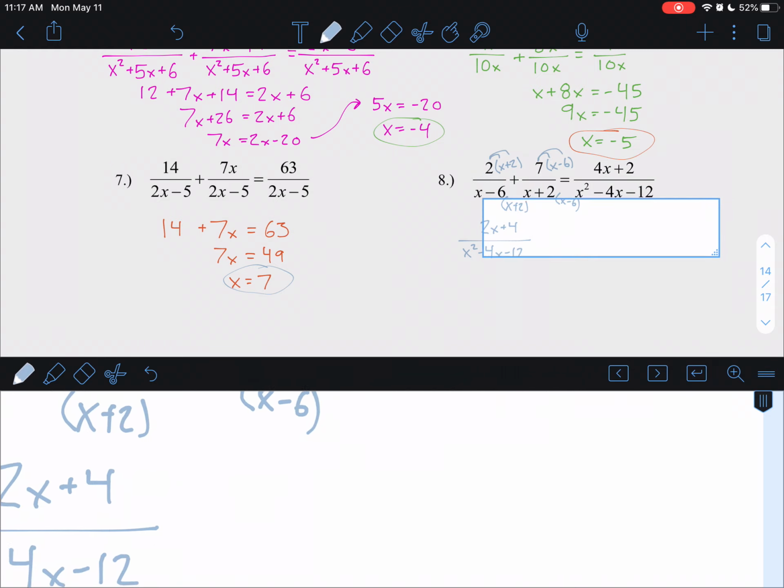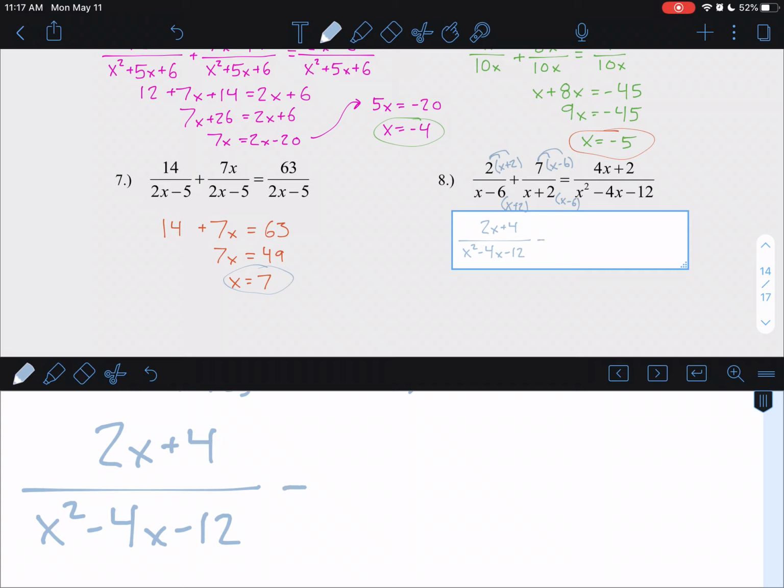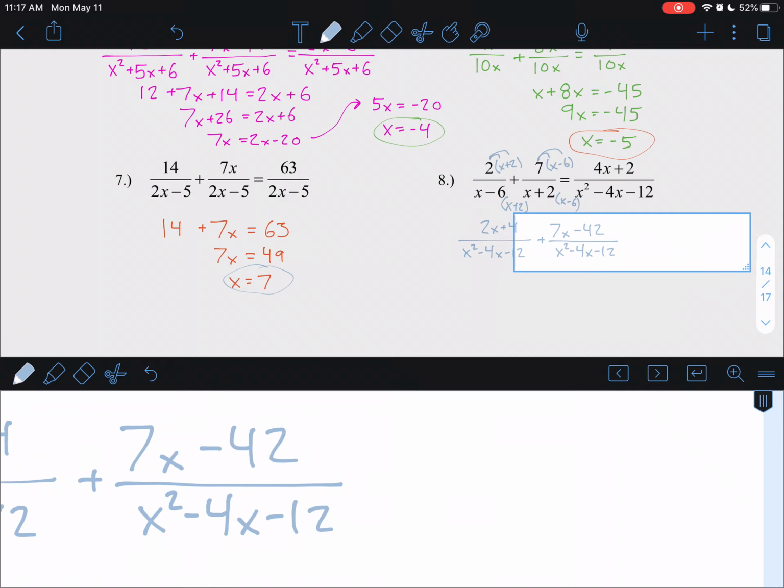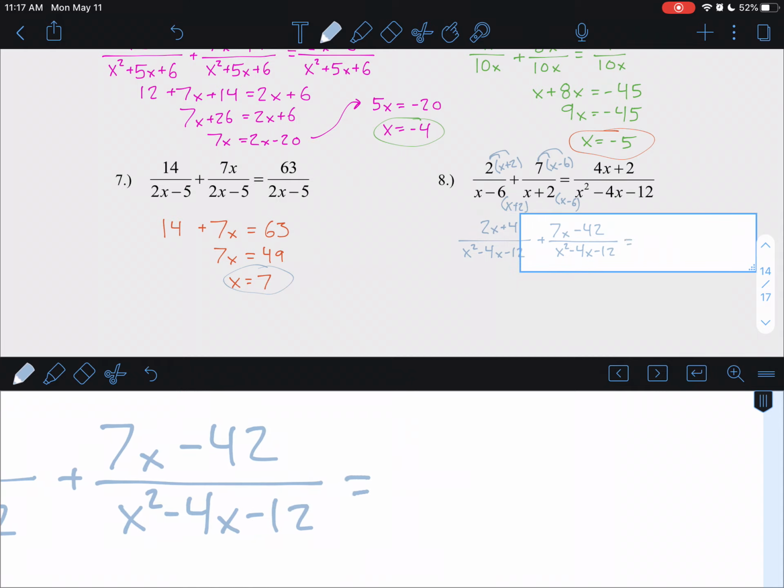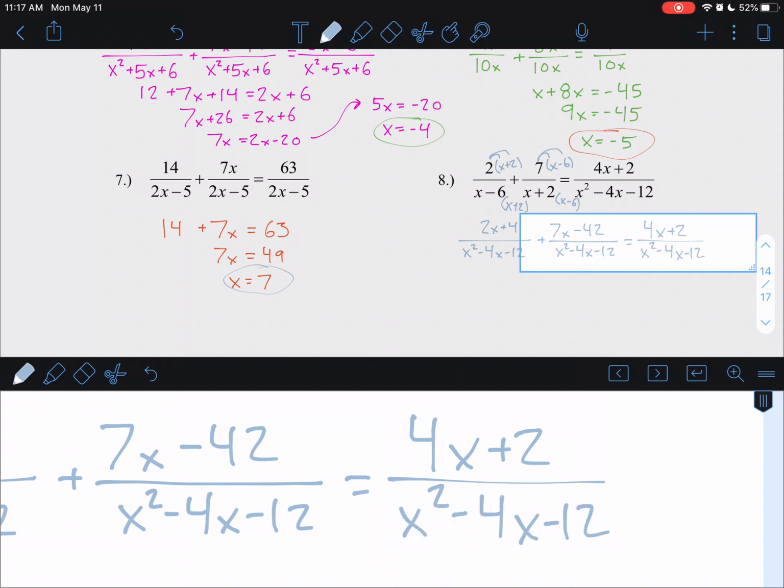I multiply 7 times x and 7 times negative 6, so plus 7x minus 42, and that still has the same denominator. The third fraction just stays the same. It's 4x plus 2, over x squared minus 4x minus 12.